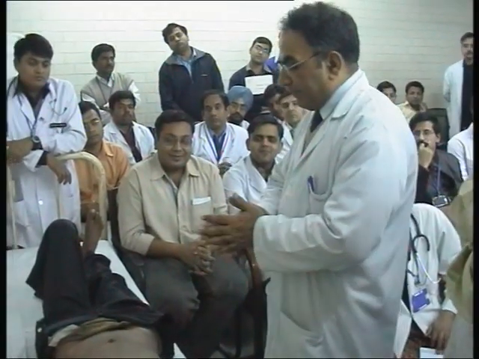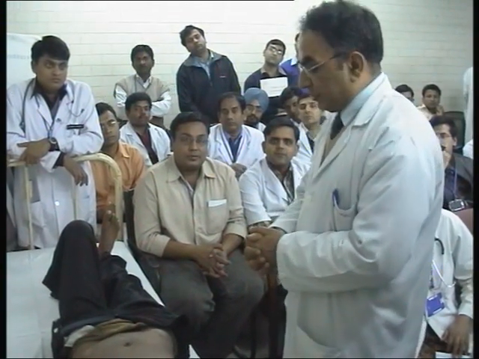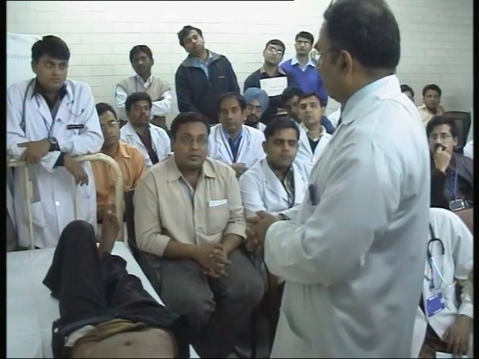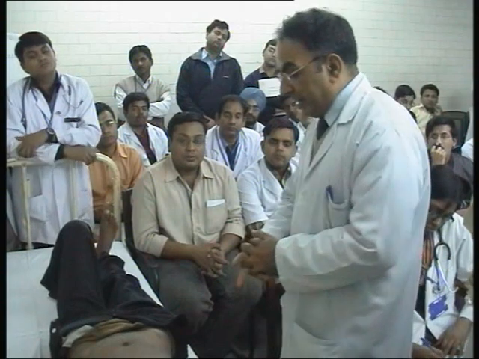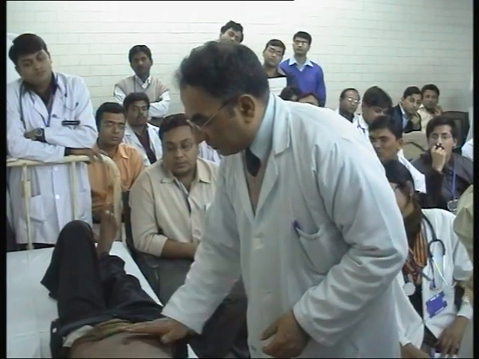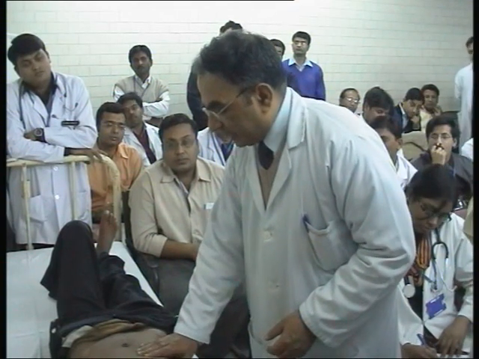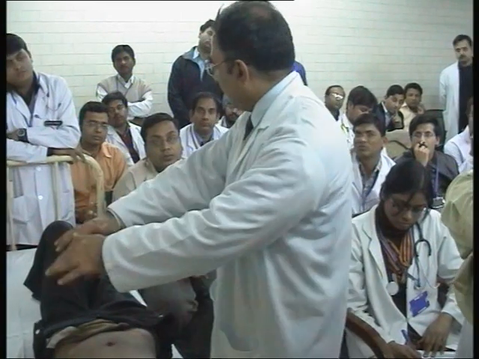Now I want to palpate for anything specific. For that, I'll do just a superficial palpation to make sure that there is no tender spot that I will hit. So the sore area I can look for by doing a gentle superficial palpation. I would prefer to start from the left side because it's easier to come from a distance towards you. Going this way out, I may miss some areas.